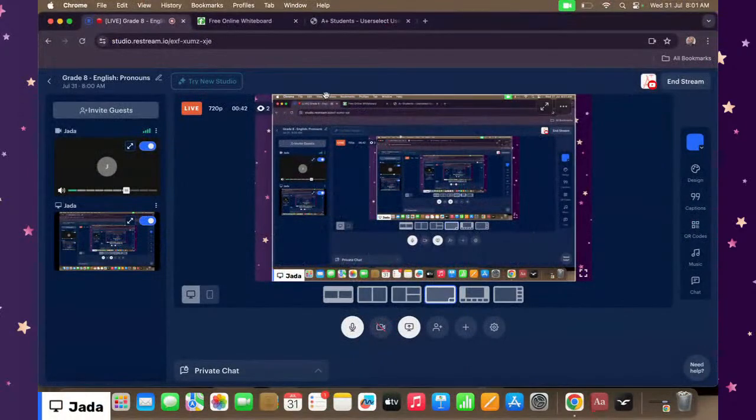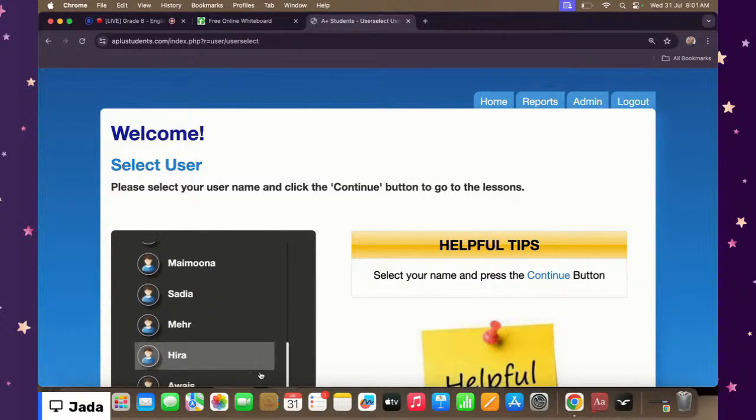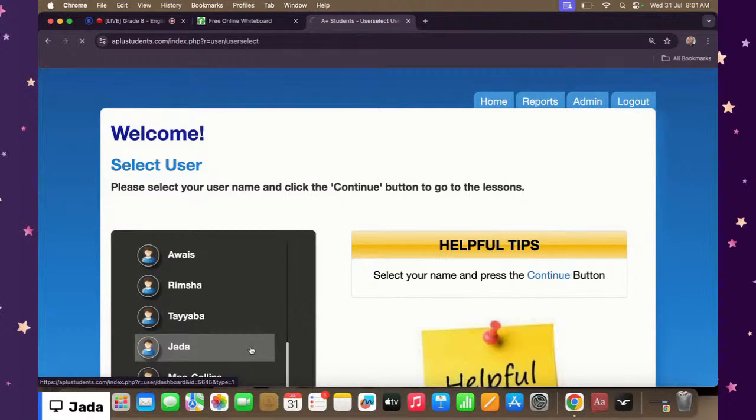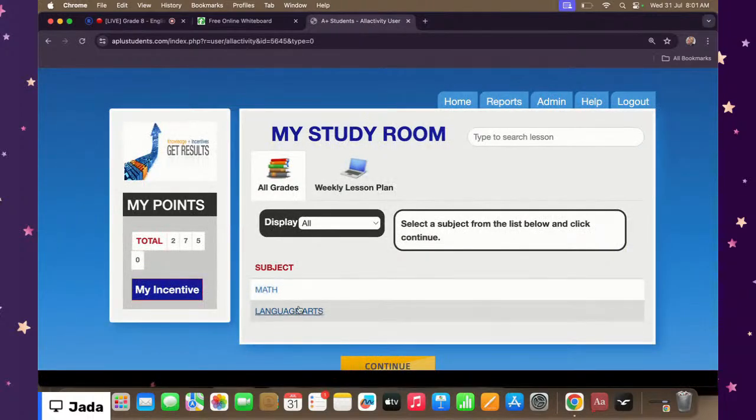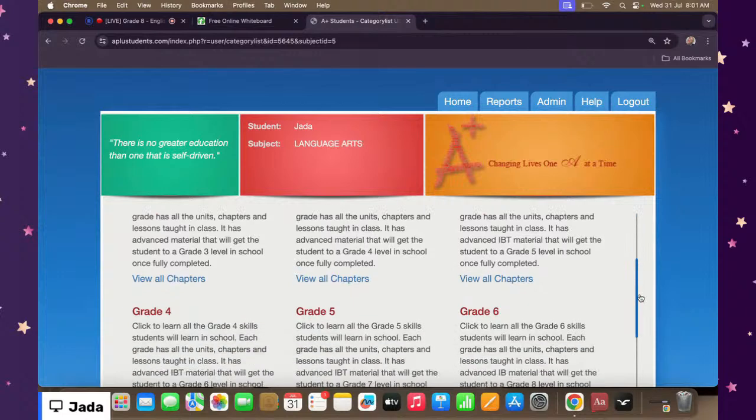So you'll be having pronouns from grade 8. First you log in using aplusstudent.com, and then you click on your name, language arts, and then we go to grade 8.